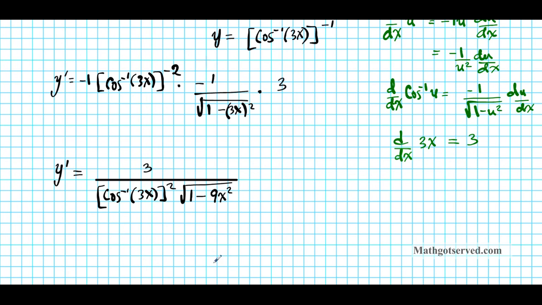All right, so there goes the derivative of 1 over the arccosine of 3x.